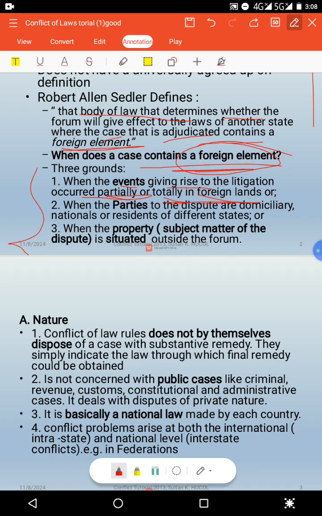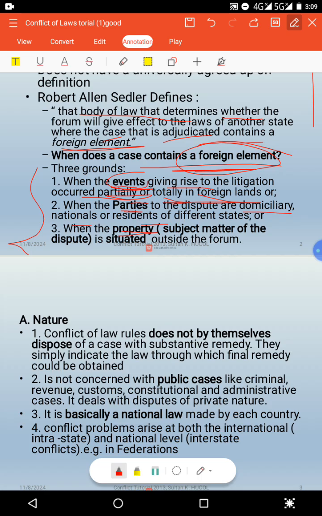The second ground: the first is if the event giving rise to litigation, or the cause of action, occurred in foreign lands. The second one is when the parties, as you can see in the bold words, event, parties, and property, are domiciliary, nationals or residents of different states.